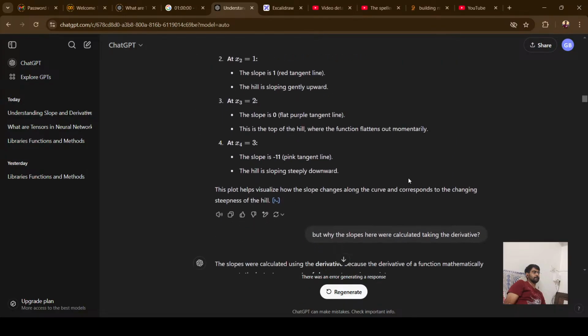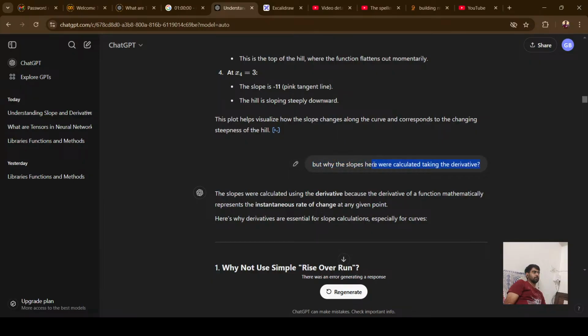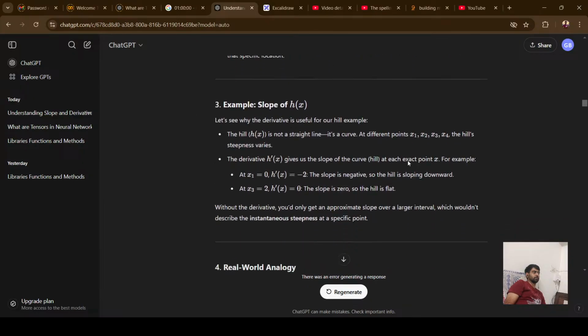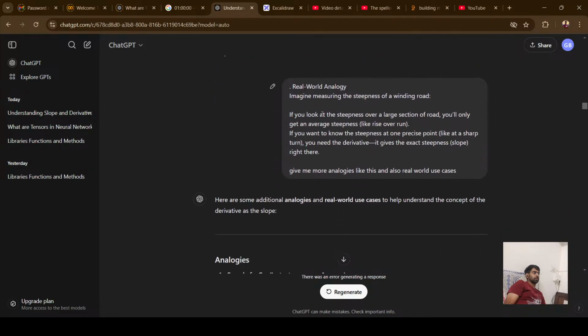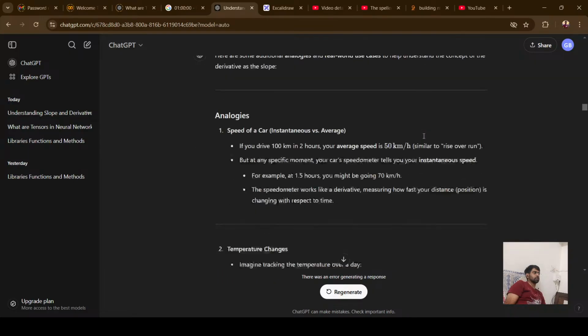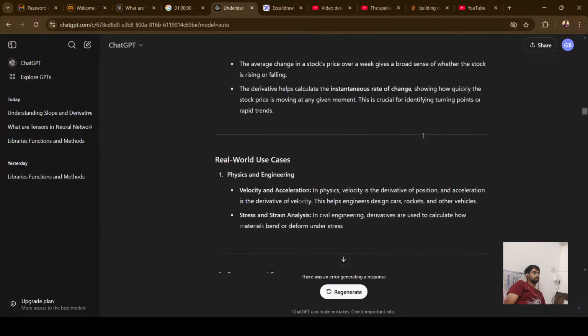Yes, but why was the slope here calculated this way? Give me more real world use cases. This is nice.